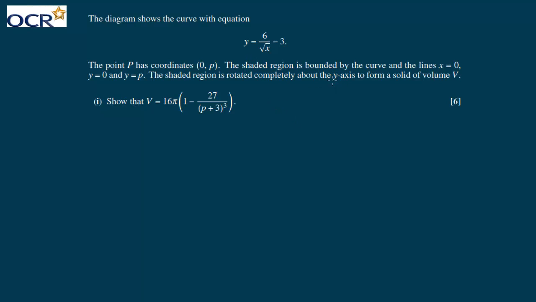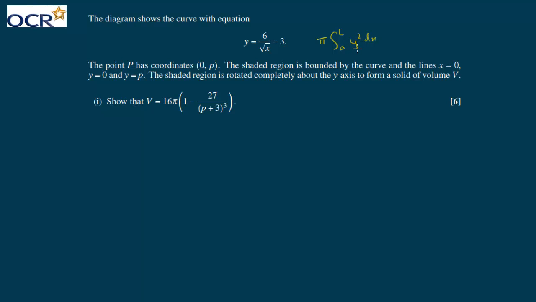Because we're going around the y-axis, we need to rearrange this equation. Okay, so the formula for the volume of revolution is pi, then you integrate between a and b, which is 0 and p in this case, y squared dx. And you may be asking why it's dx if you've got y squared here.